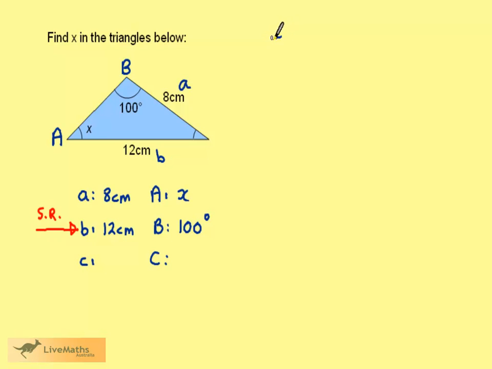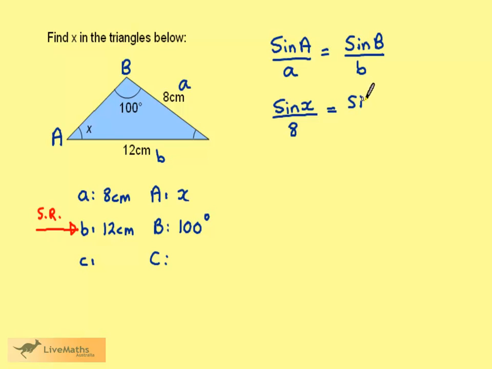Since we're finding an angle, it's best to use this with the angle on top. Sine A over a is equal to sine B over b. So we have the sine of x over 8 is equal to the sine of 100 degrees divided by 12.